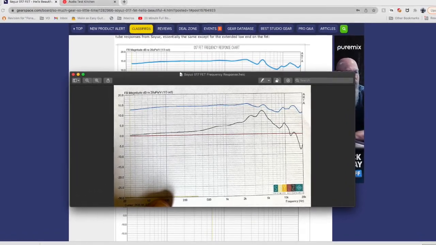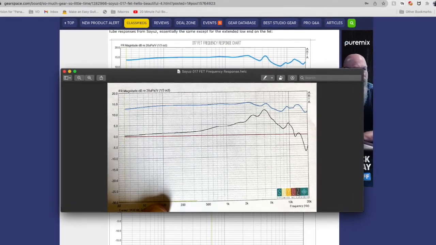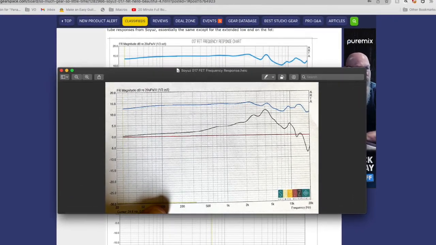A little bit of difference, a couple of dB here and there, so it's within tolerance. 2 dB either way is how Neumann determines tolerance, and this definitely falls into that. So I think, yeah, that's pretty accurate.